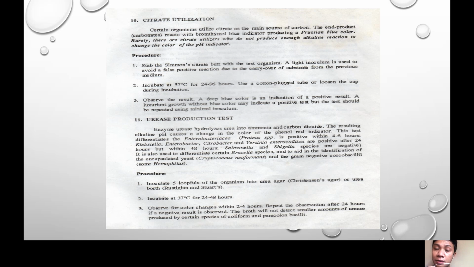They contain the urea. With that, all you need to do is just inoculate your bacteria, incubate at 37 degrees Celsius for 24 to 48 hours. Then observe here for the red color. Positive result is red color for that.